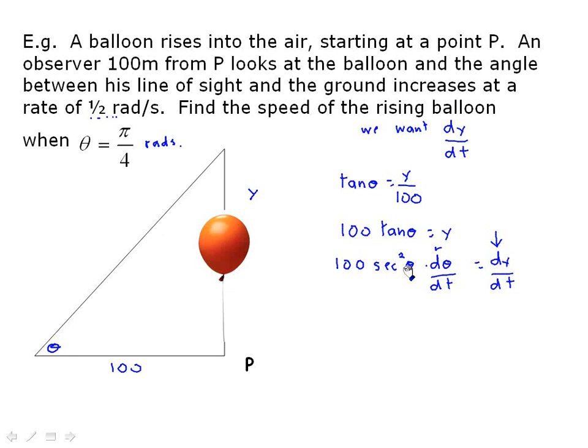So to get secant squared theta, we don't have a linear measurement. So what we have to do is find secant squared theta at theta is equal to pi over 4. So we're given the angle instead of the side opposite.